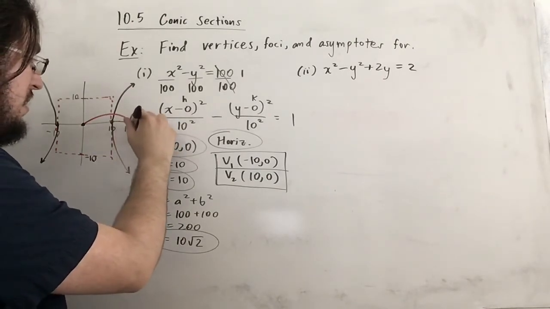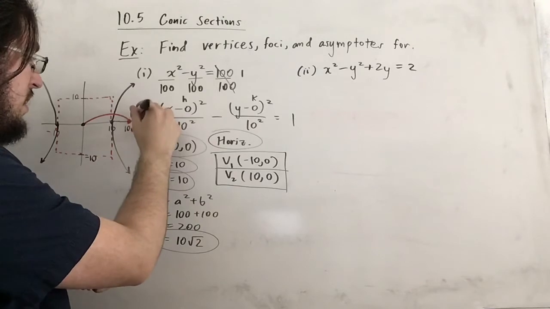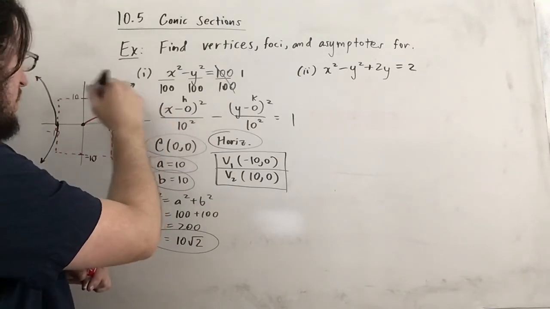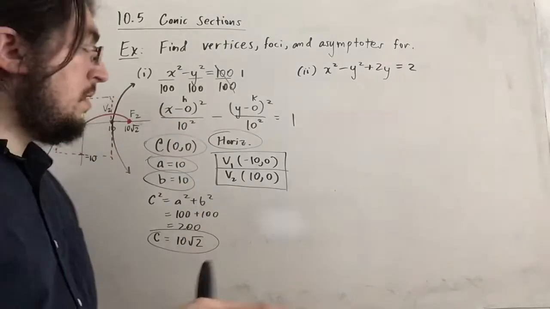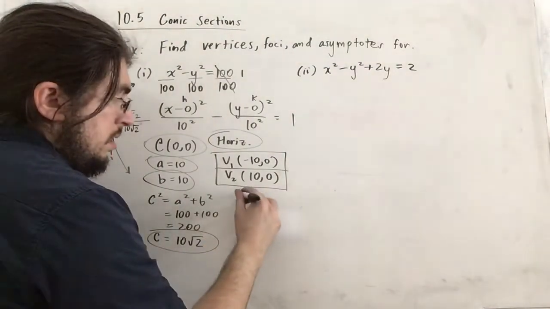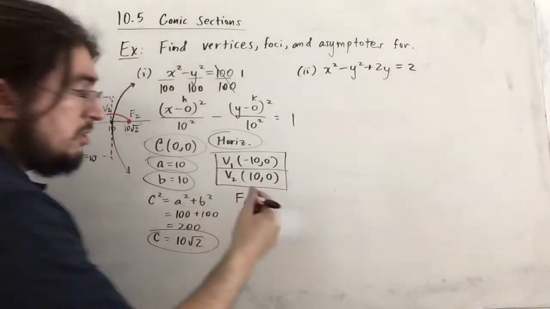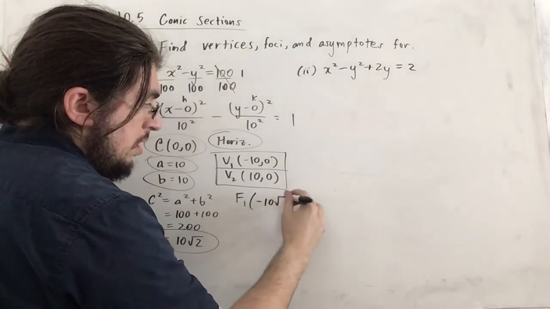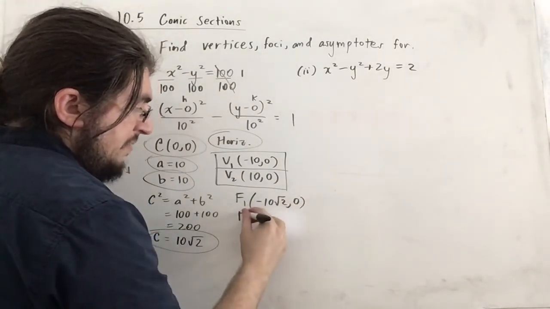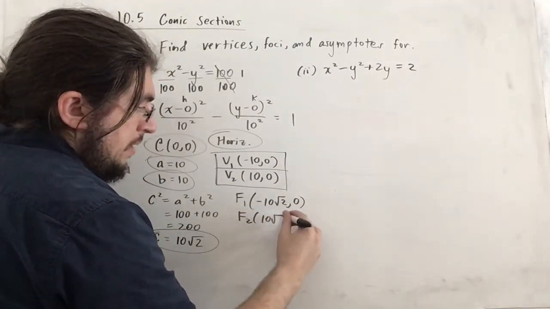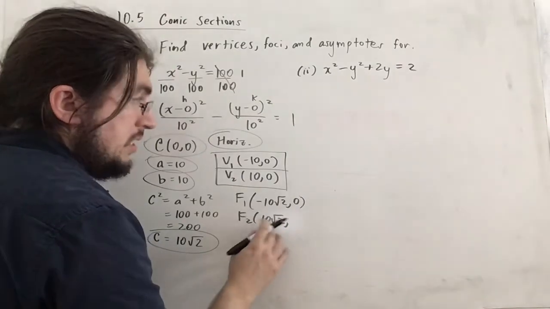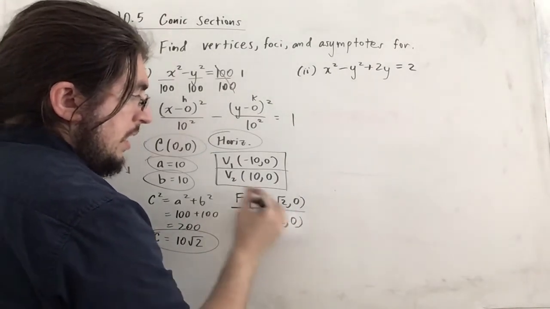And let's just say this is 10 radical 2. And this is the second focus, if this is the second vertex, and so on. And so F1 would be the first one here, so it'd be negative 10 radical 2, 0. And then F2 would be positive 10 radical 2, 0. And there we go, these are the foci.